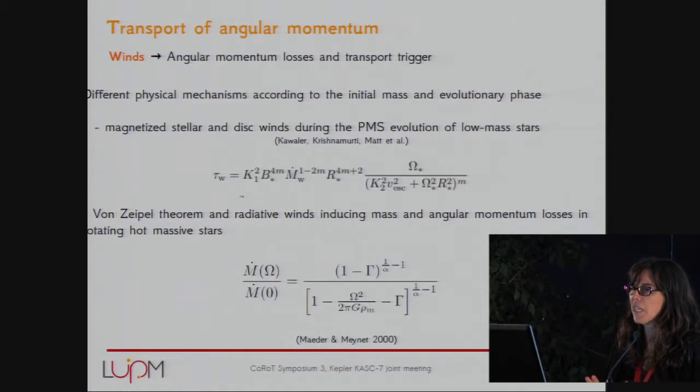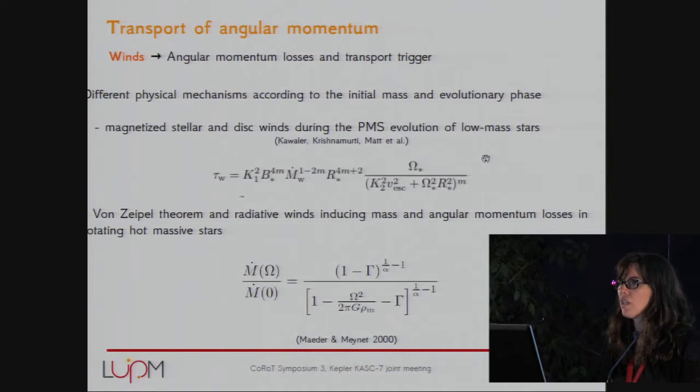So the physical mechanisms for the winds are different according to the initial mass and to the stellar evolution phase. And so there are different prescriptions for these winds that will create transport being formalized as torques, which is the case for low mass stars or solar type stars, which are undergoing magnetized stellar winds or disk wings also during the pre-main sequence evolution.